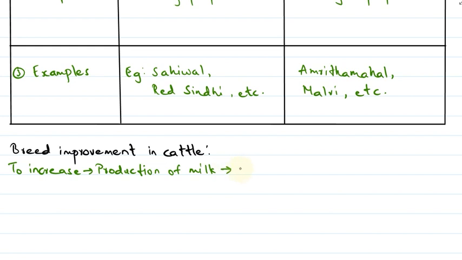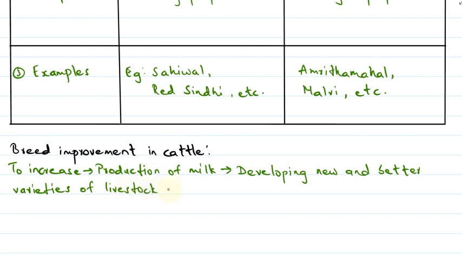How is this done? This can be done by developing new and better varieties of livestock, and this method is called the process of selective mating.